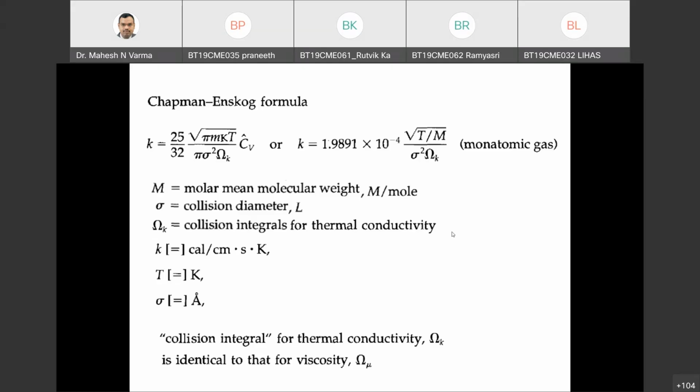The collision diameter and collision integral are parameters estimated by using simulations. You can get them from data books, and using these equations you can get the Chapman thermal conductivity for various monoatomic gases. This is true for monoatomic as well as polyatomic gases.